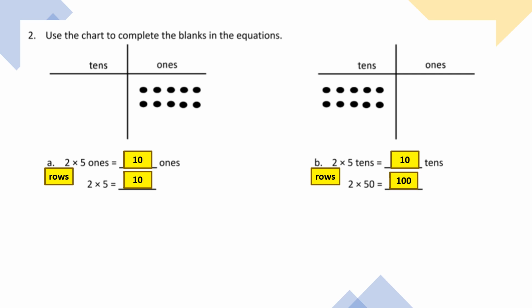And when I say 0 behind it, I mean you put a 0 in the ones place. So 2 times 50 would be 100. We've completed number 2B. Now, if you need to pause your video to make sure that you have your answers correct, go ahead and do that now.